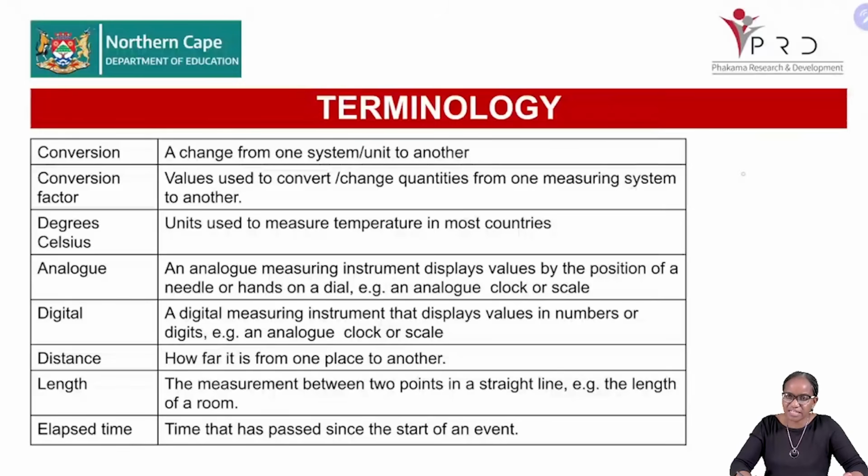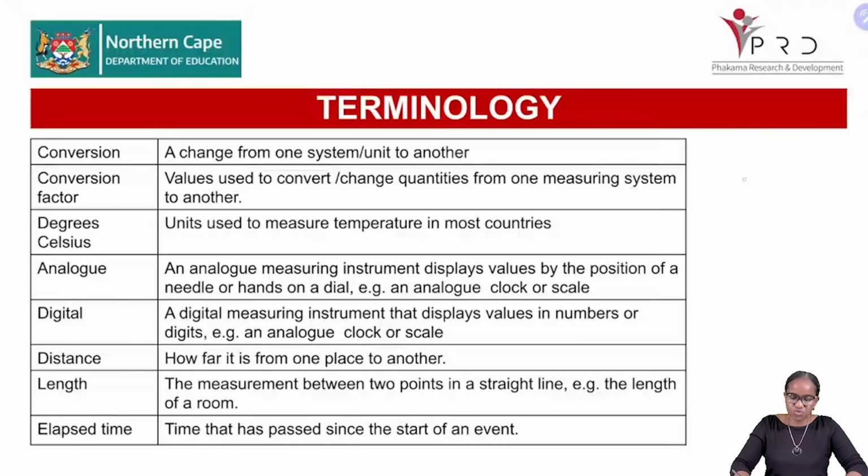To change from kilograms to grams, you multiply by 1,000. That's the conversion factor. When you change from centimeters to meters, you divide by 100. That's the conversion factor.